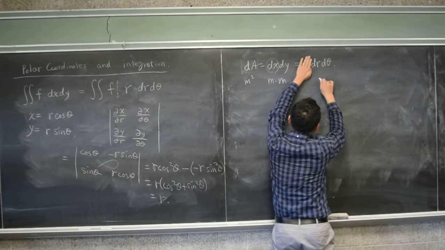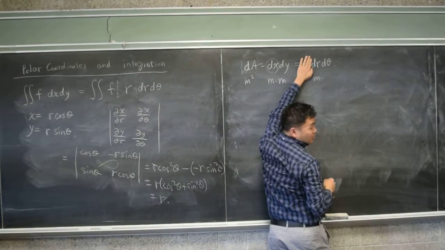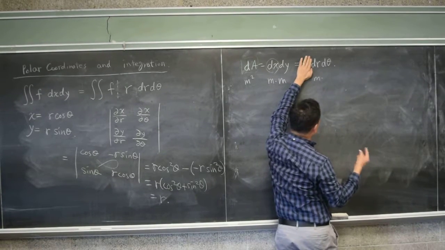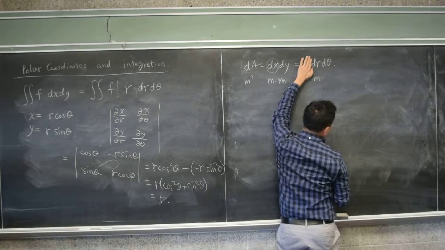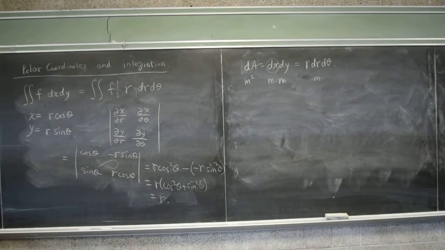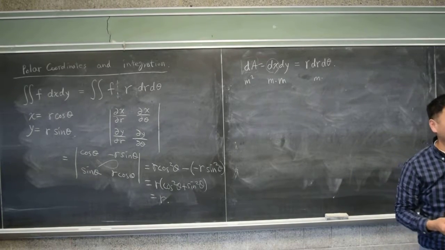See, dr is meters. What's the unit for angles? Degrees or radians? We're using radians because we're using it for lengths. And by the way, radians actually in MKS units has no dimension. It's a dimensionless quantity. Angles are dimensionless.